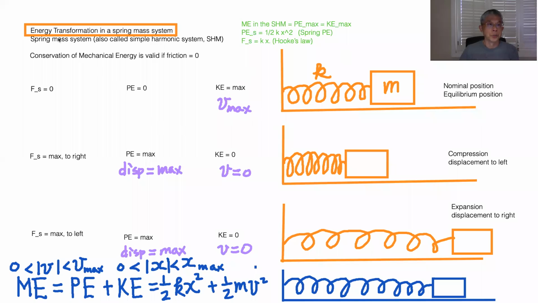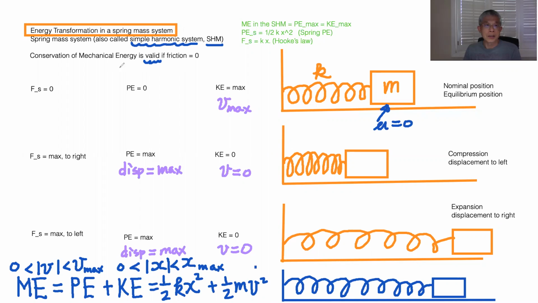We're going to continue. This system is a spring mass system. We have a spring, we have a mass, and it's also called simple harmonic motion, shortened as SHM. Now, conservation of mechanical energy is valid, so you can use it if the friction is equal to 0.